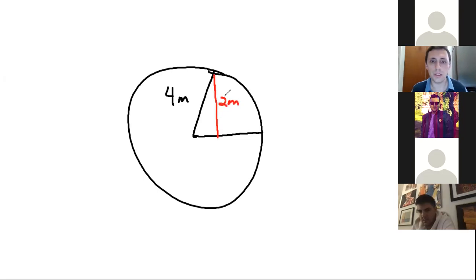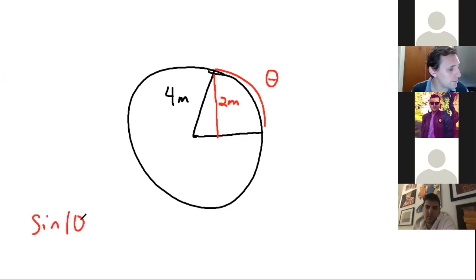Yes, this is 2 meters. So this is the angle theta here. What is sine of theta? So sine of theta is equal to what particular value?